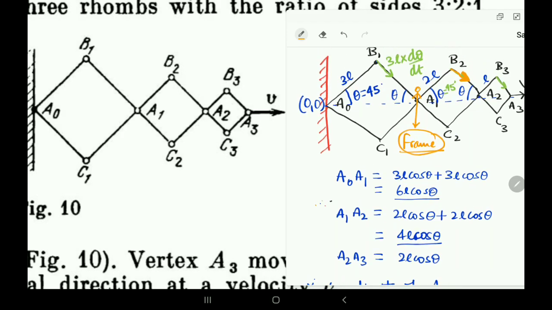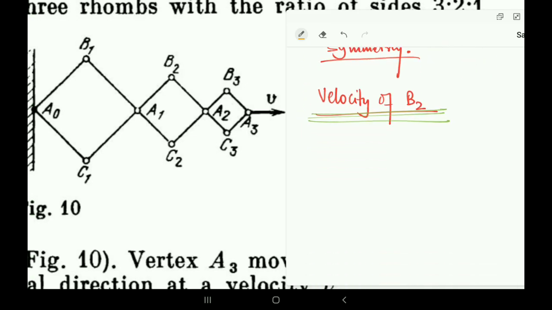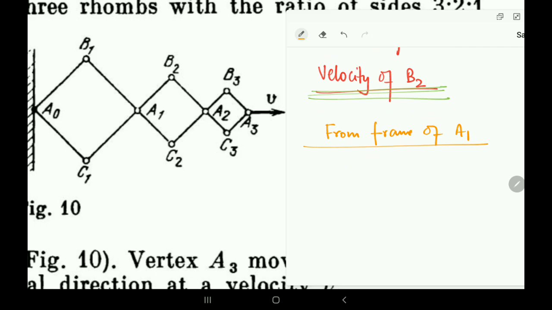So that is basically a circular motion, because your frame has become a rest frame and the A1 B2 length is constant and the angle is decreasing. So B2 A1 is moving in an arc, right? And the velocity will be tangential to A1 B2. Are you getting my point?